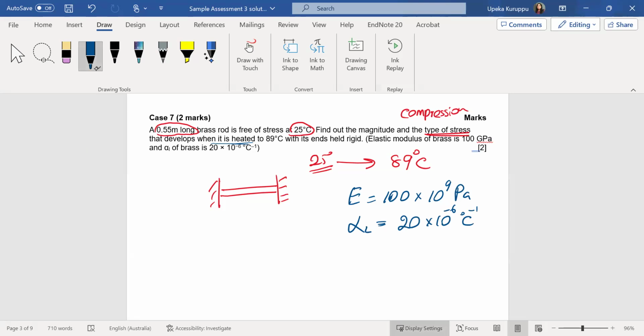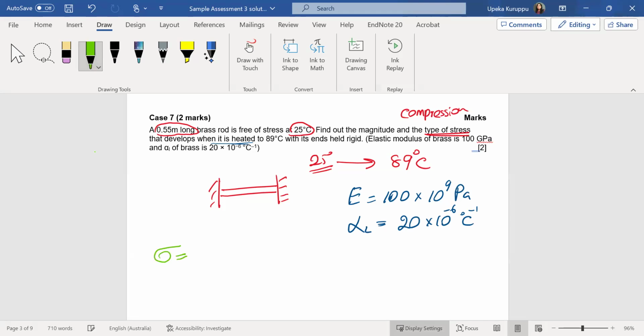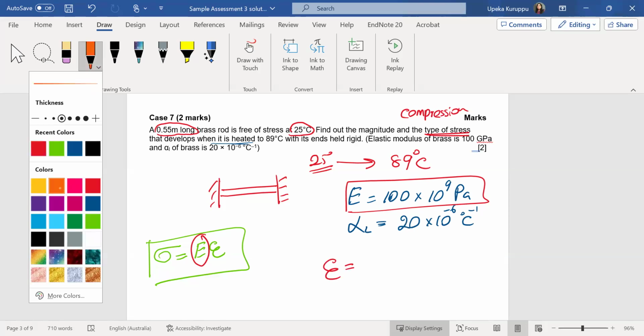How do we find the stress? You remember? Stress equals Young's modulus times the strain. Am I right? We already know Young's modulus. Strain means what? What do we mean by strain?